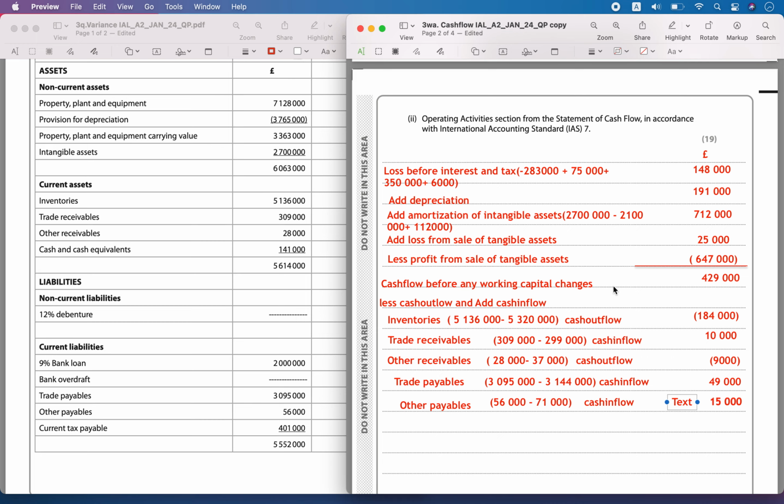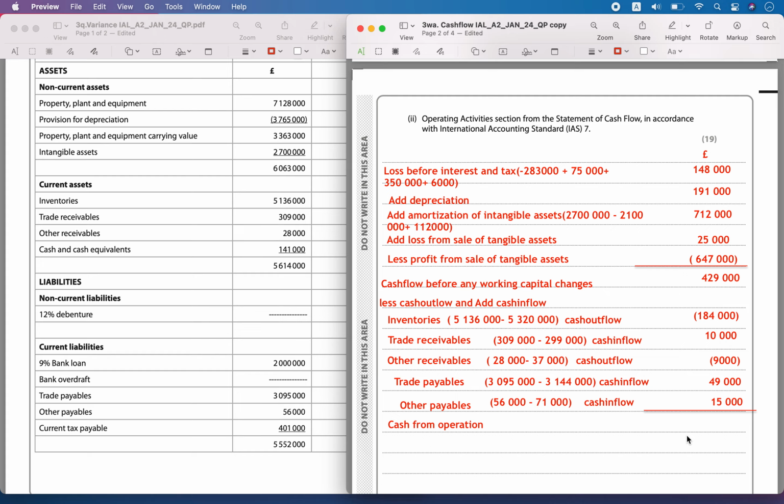This is all going to give me cash flow from operations. This represents the cash from the operations.